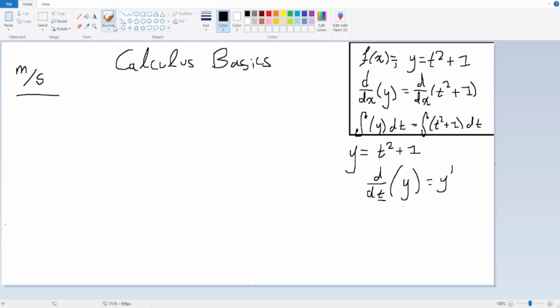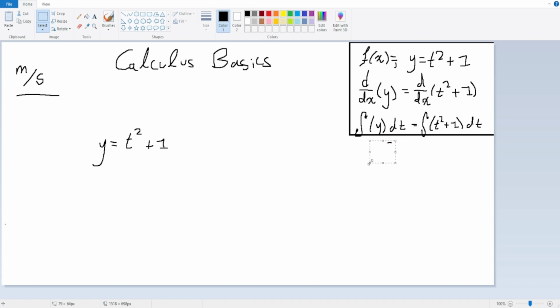So let's take a look at the function that we have. It's going to be a way to show you two rules of derivatives. This is our function right here. Let's delete all this. Now, if we take the derivative of this, you'll notice that we have two things in this function.